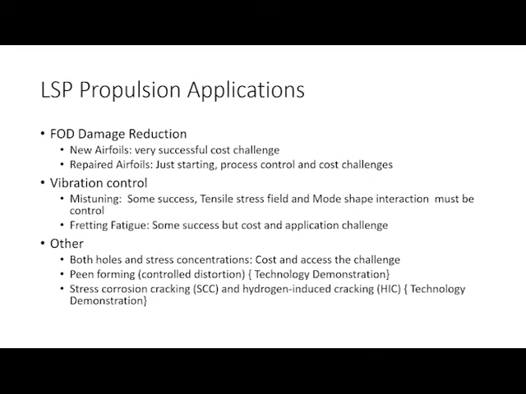We have a lot of two-dimensional and bodies-of-revolution structures, and peen forming can be done and has been proven to be able to be implemented. But again, we haven't been able to push that ball across the goal line.